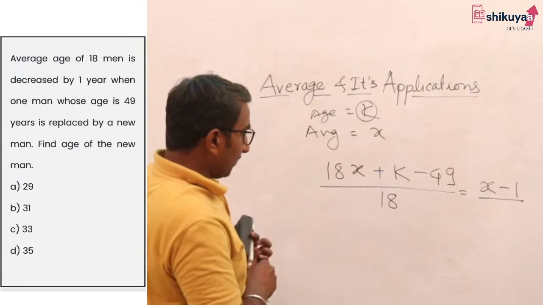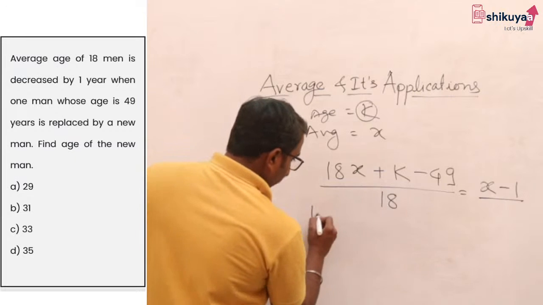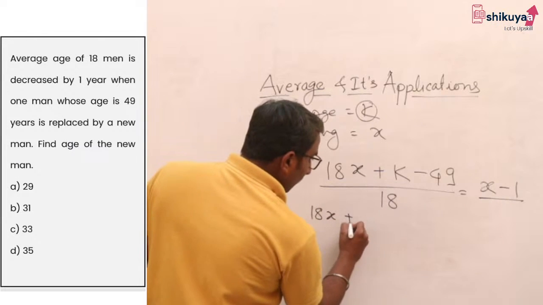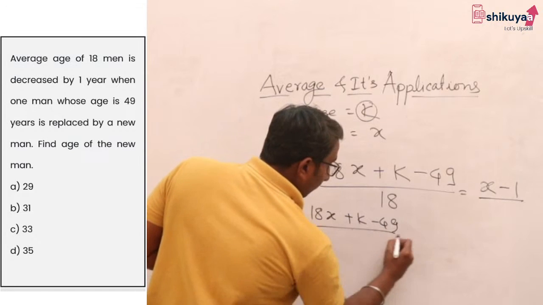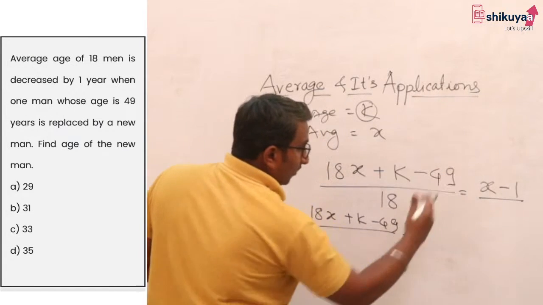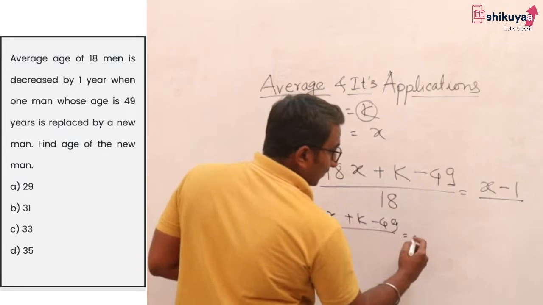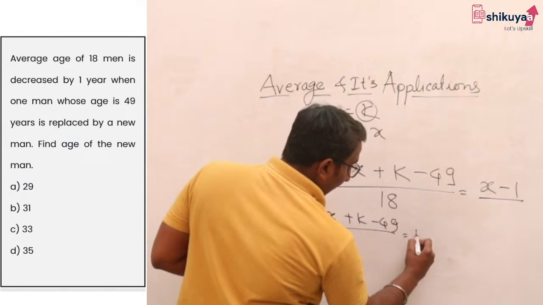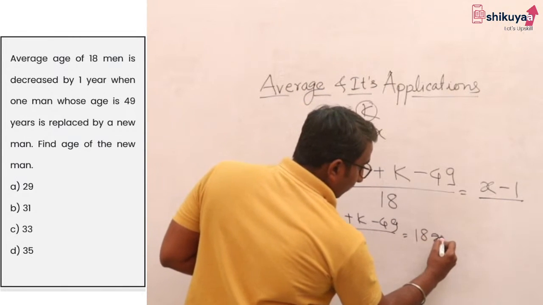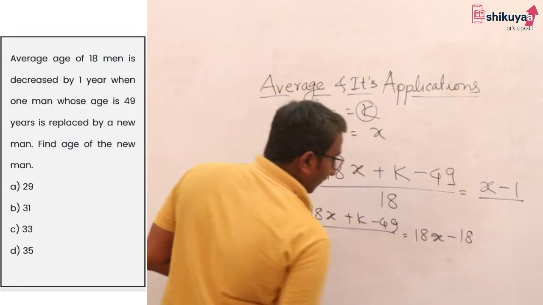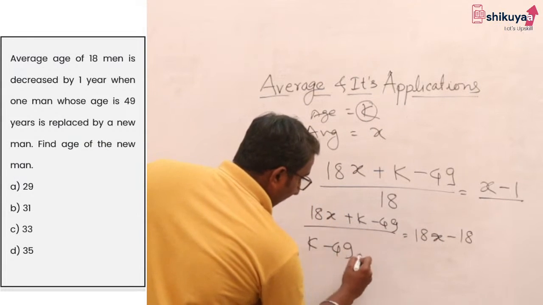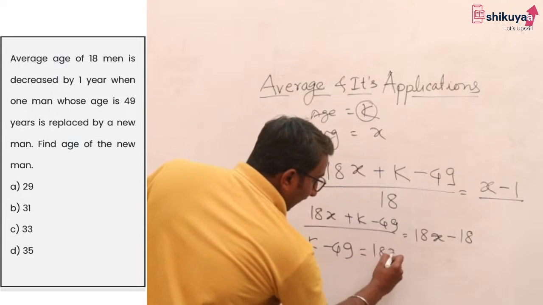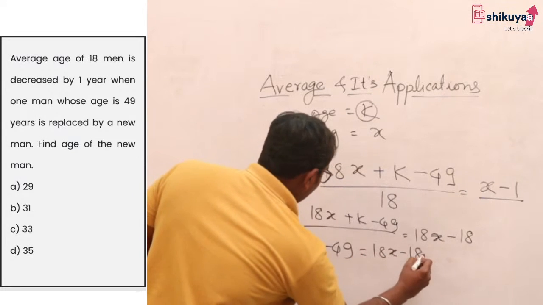Now it is very simple to solve this equation. Further, 18x plus k minus 49, so let us send that 18 towards the right hand side. So 18x minus 18, so k minus 49 equals 18x minus 18.